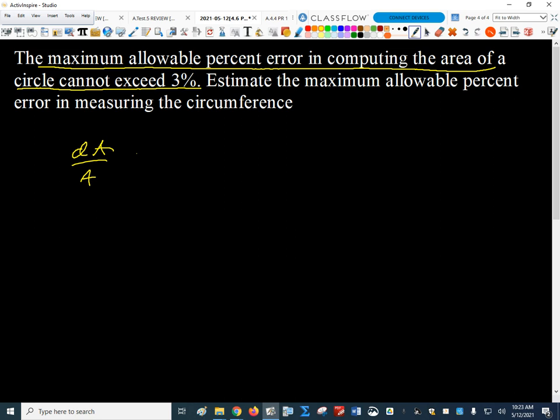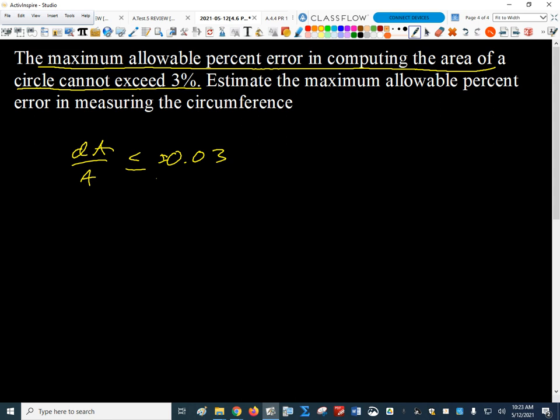Is it equal to? Less than or equal to 0.03, right? It really is kind of weird to put a plus or minus there, but we don't know if it's plus or minus at this point, right? So we really could think, okay, well, it's plus or minus.